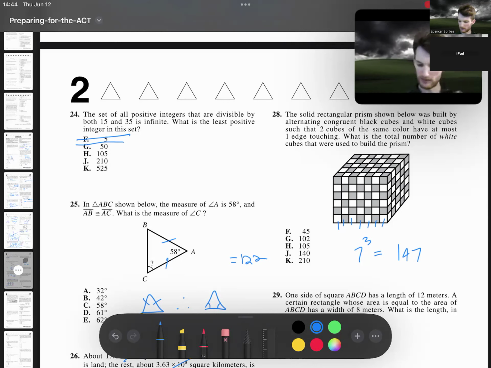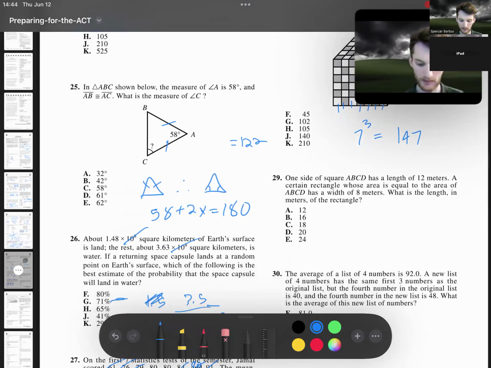I'm getting an answer of 70. I'll get back to that. I'm getting an answer of like 73.5, which is nowhere close to anything. And one side of the square is like 12 meters.